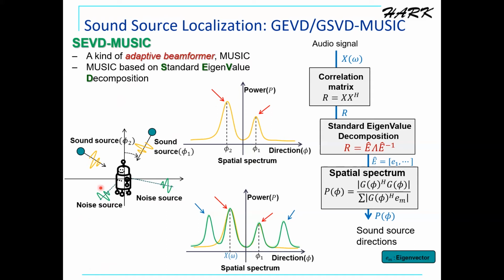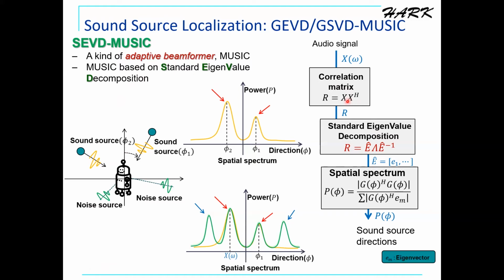HARK basically uses MUSIC-based algorithms for sound source localization. MUSIC stands for multiple signal classification, which was proposed by Schmidt in 1986. The original MUSIC applies eigenvalue decomposition to a correlation matrix of the multi-channel input signal.